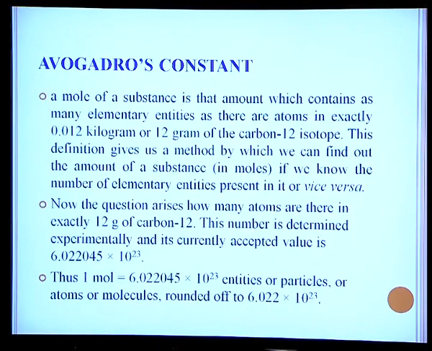Thus, a mole will be equal to 6.022045 into 10 to the power 23 entities, particles, atoms or molecules, or roughly 6.022 into 10 to the power 23. This is called the Avogadro constant. Now, what is the significance of the Avogadro constant?